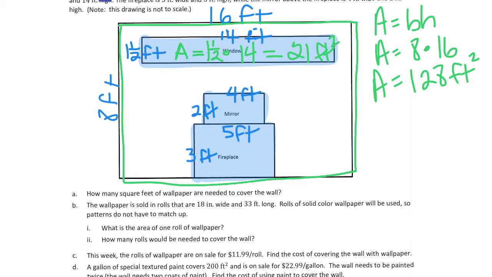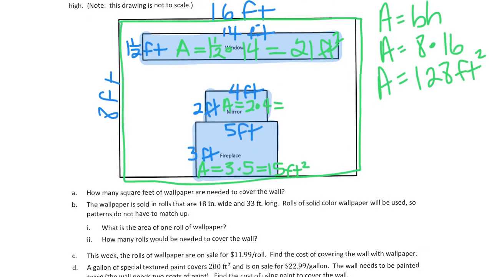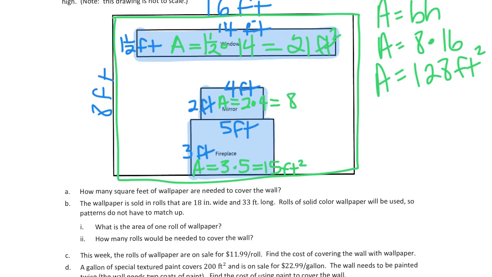Then I go to the fireplace down at the bottom. Area equals 3 times 5, which is 15 feet squared. And then I have the mirror, which is 2 by 4, which is 8 feet squared.